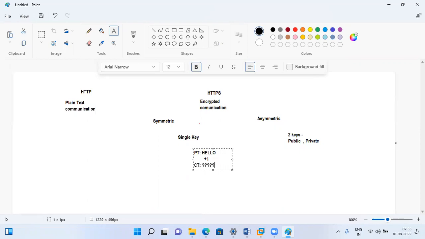Can I get this answer? Again, we decrypt it to get the plain text. What is the cipher text for hello? After H, I will come. A, B, C, D, E, F, G, H, I. E will become F. I, F, M, M, P. Right?